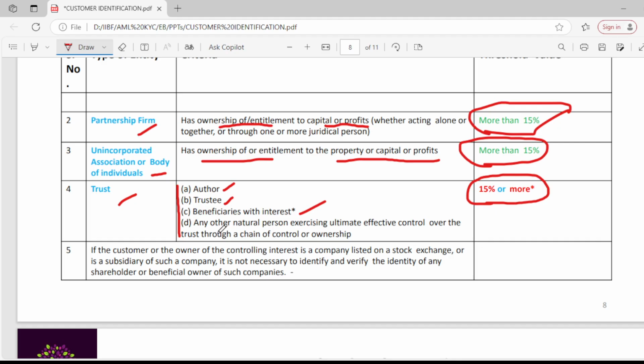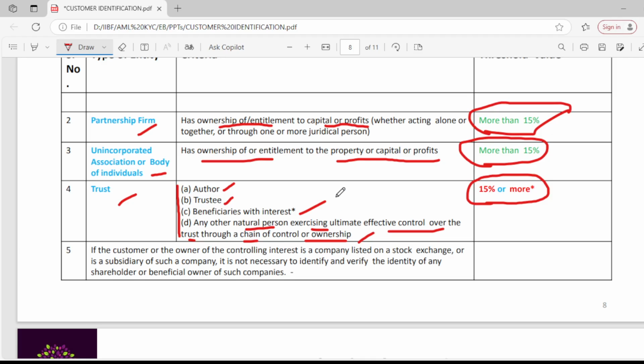Fourth one, any other natural person exercising effective control over the trust through a chain of control or ownership can also be treated as a beneficial owner.